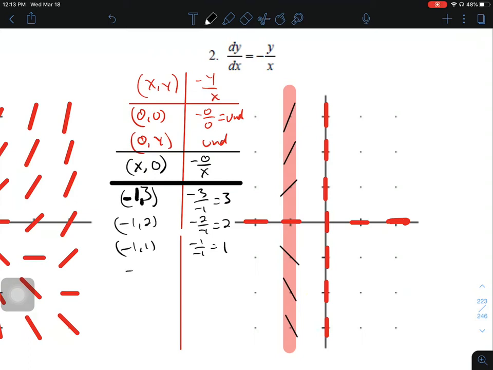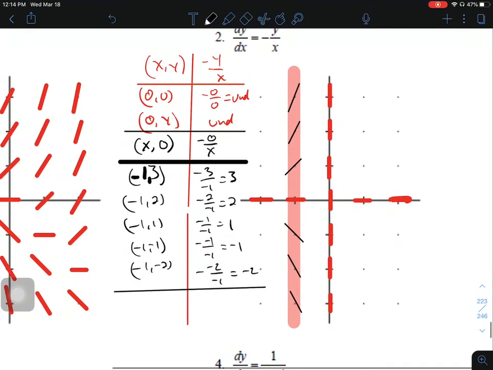If I go negative 1, negative 1, it's going to be negative 1 over negative 1, which is negative 1. If I go negative 1, negative 2, it's going to be negative 2 over negative 1, which is negative 2. Yep, this pattern is working. So I'm going to cut that out there.